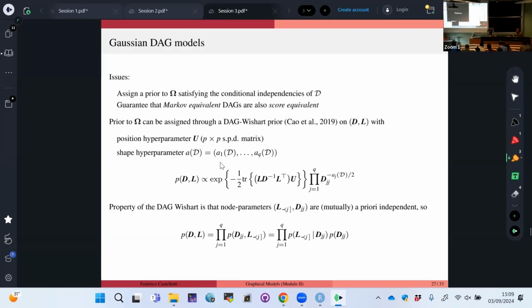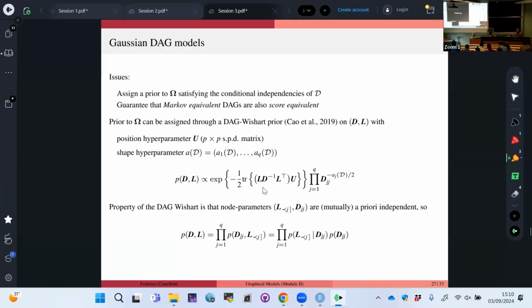Okay, and the kernel of the distribution is the one that I reported here, where you can recognize again that there is an exponential kernel, which is 1/2 the trace of something which multiplies U. And this something here is nothing but the decomposition of omega. Okay, so the same kernel of our likelihood, omega times something, which suggests again that this prior is conjugate.